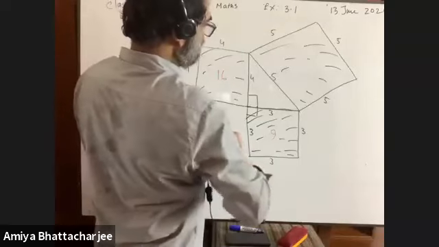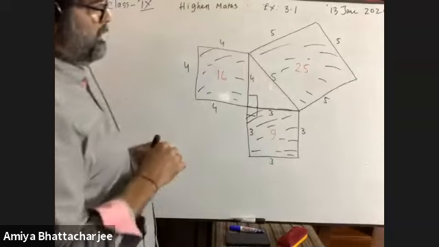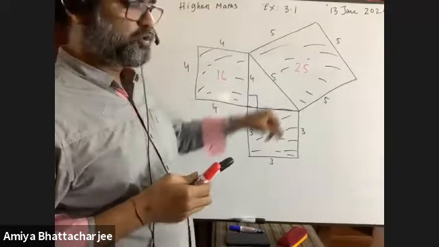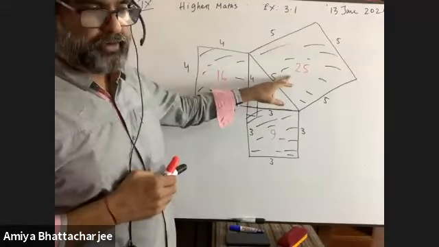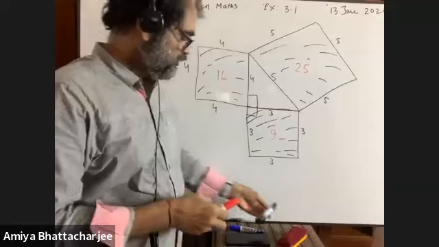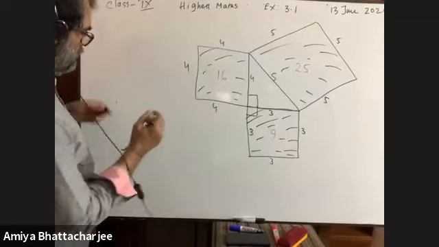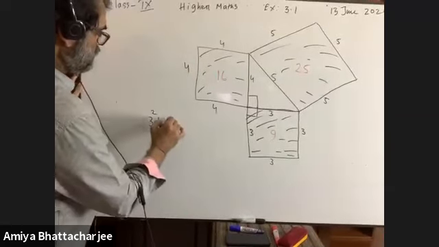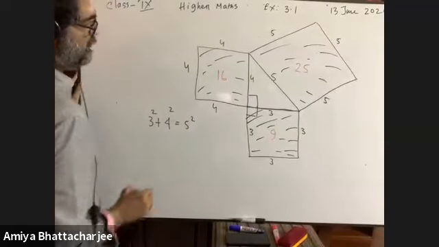Its area will be 25, right? Now you see, this 9 plus 16 equals to what? Talk to me. 25. Sir, 25. Okay, that means 3 square plus 4 square is equal to 5 square.